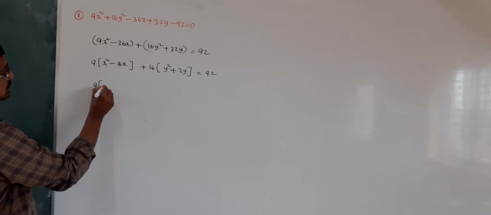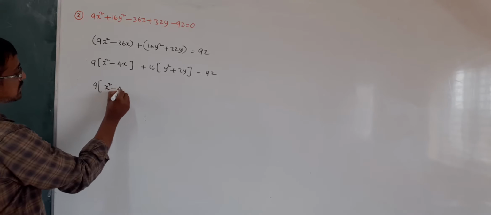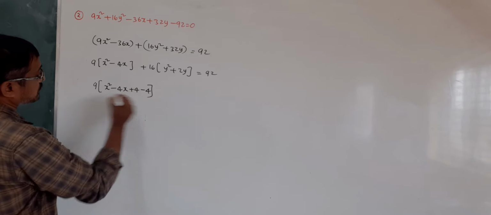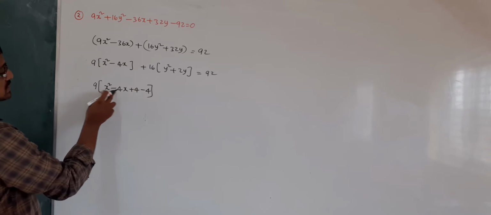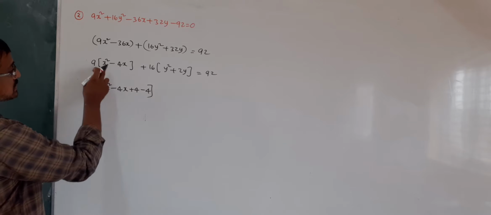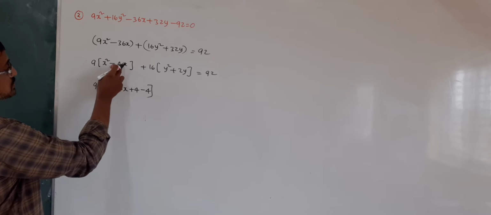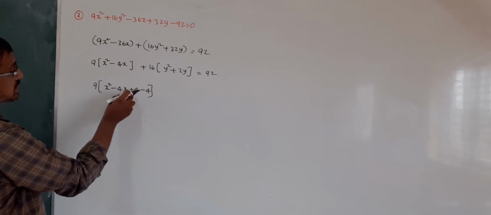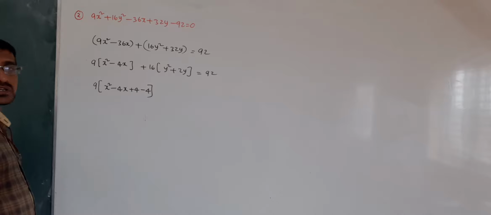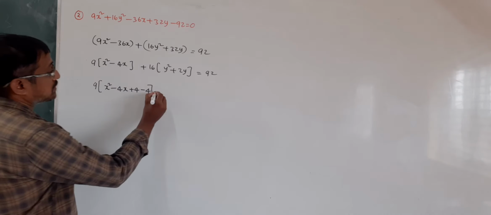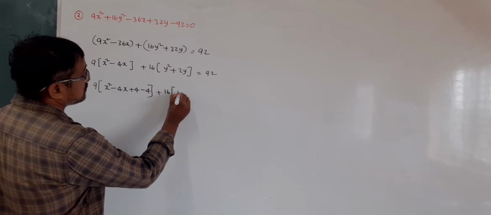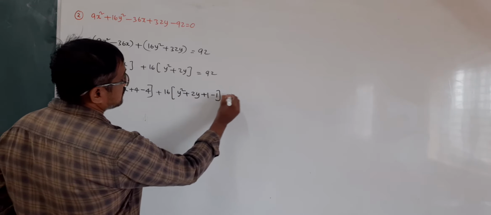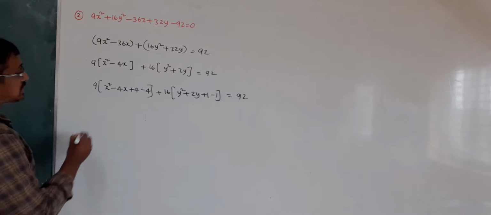So 9 into this can be written as x square minus 4x plus 4 minus 4. We have this as a minus b whole square, x square minus 2 into 2x. So by adding 4 and subtracting 4, you will get it in the form a minus b whole square. Now here also plus 16 into y square plus 2y plus 1 minus 1 is equal to 92.